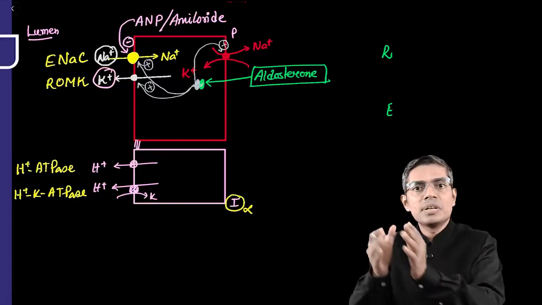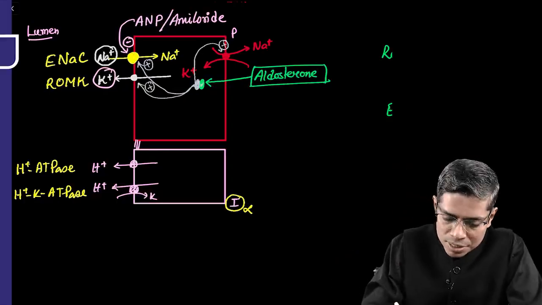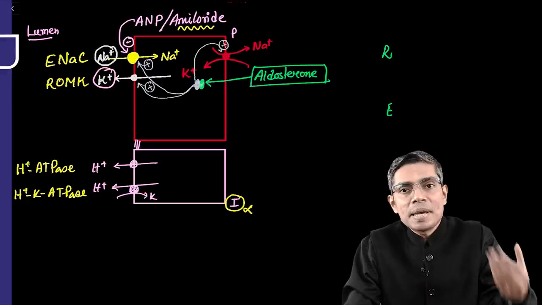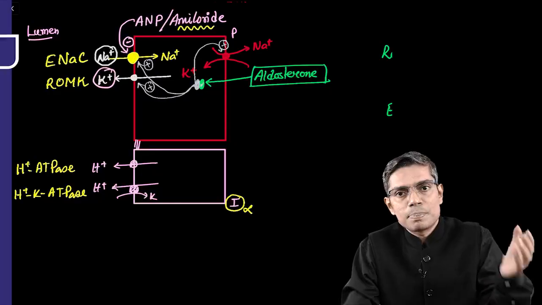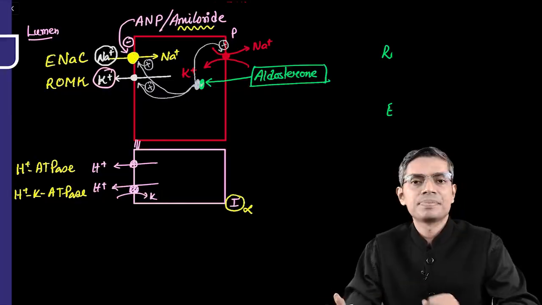That means potassium will be spared, it will remain in your blood, and that's why we say amiloride is a potassium sparing diuretic.